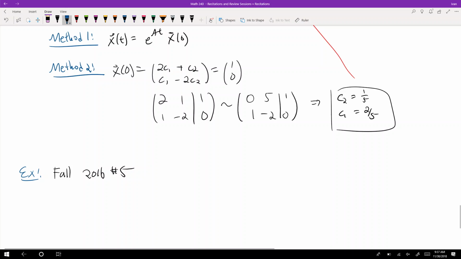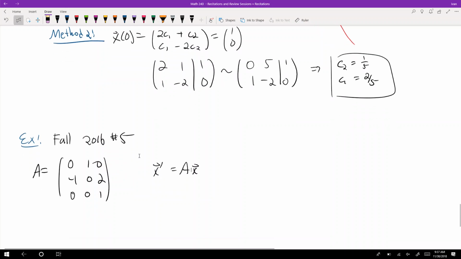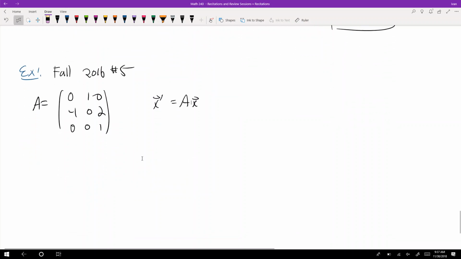And we have the following. You're given the coefficient matrix A, which is 0, 1, 0, negative 1, 0, 2, 0, 0, 1. It's really an initial value problem, but we're not going to do that initial value part of it just to save some time. So let's just say find x prime is equal to Ax. This characteristic polynomial stuff, I believe you'll be able to handle it.